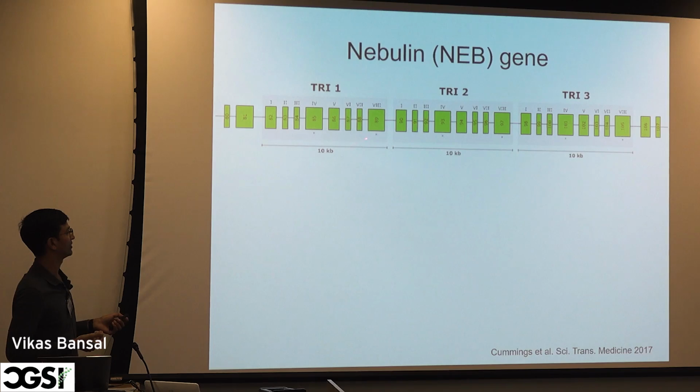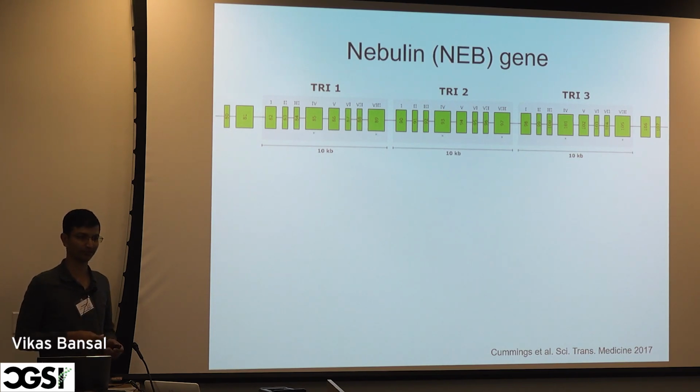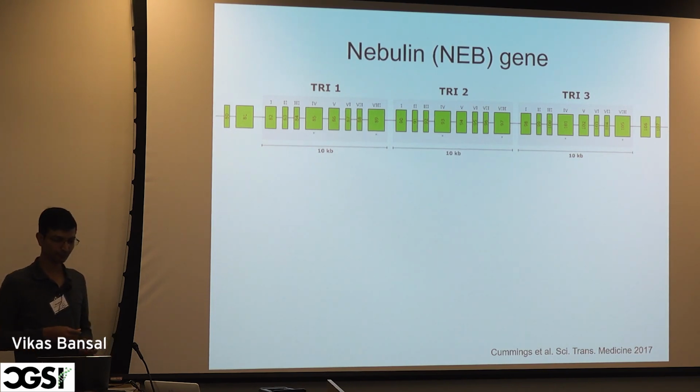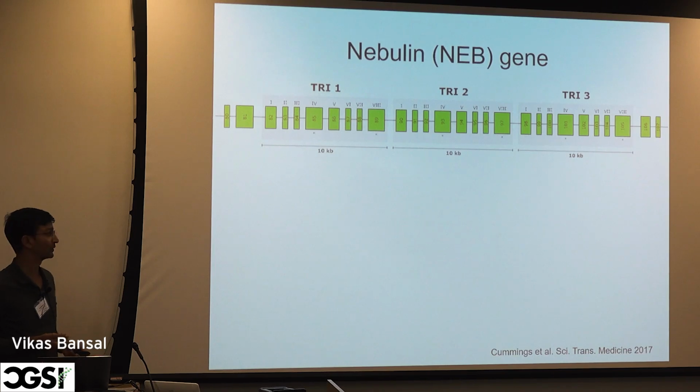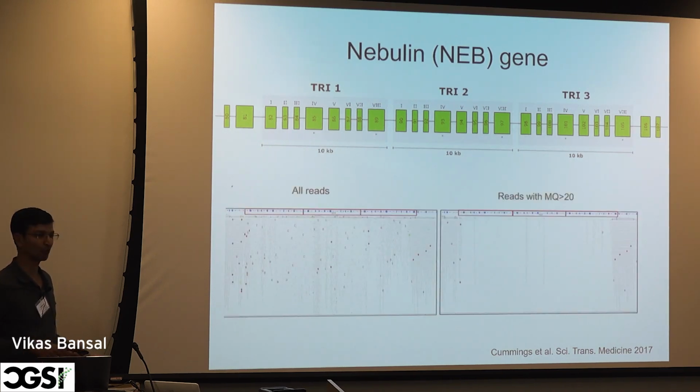So you have a 10 kb sequence that covers these 8 exons, and in tandem you have 3 copies of this 8 exon sequence. So obviously you would imagine that read mapping in this region would be problematic, and here I'm showing you the alignment of the reads in the form of an IGV plot.